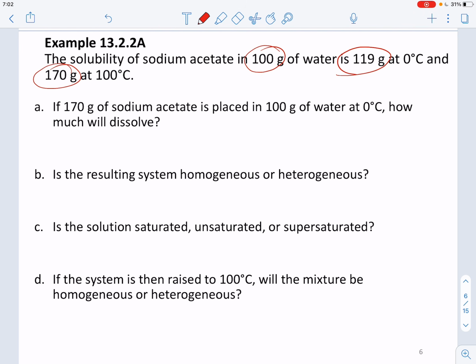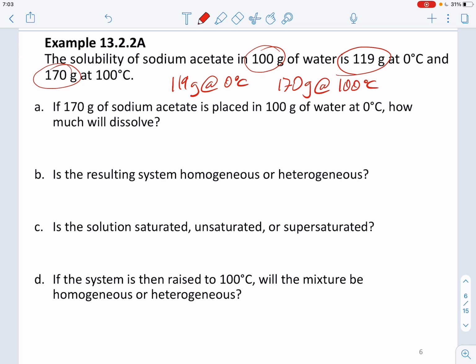So 119 grams at 0 and 170 grams at 100 Celsius. Okay, so the first question is, if we have 170 grams of sodium acetate and we put it in 100 grams of water at 0, how much will it dissolve?